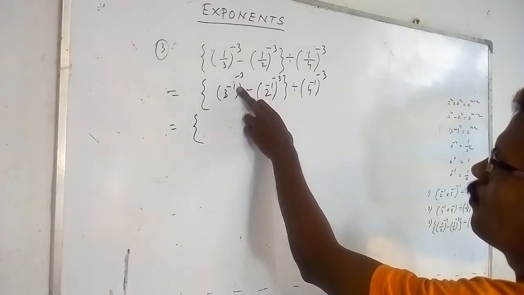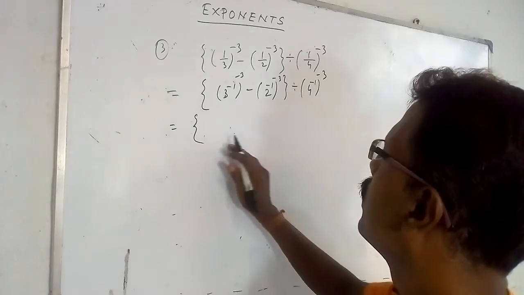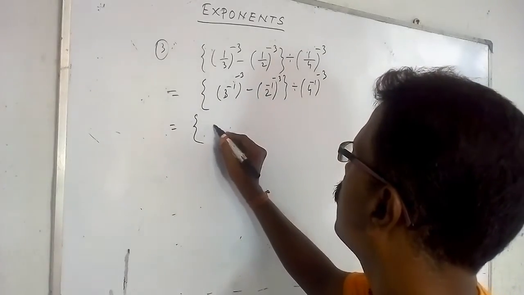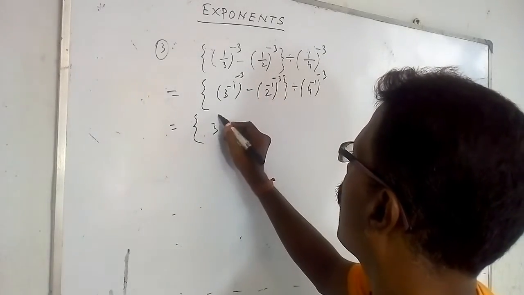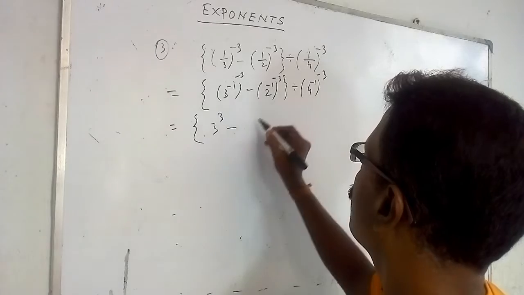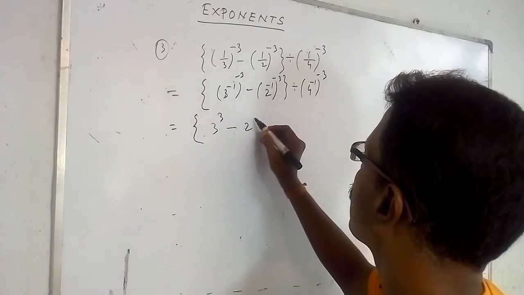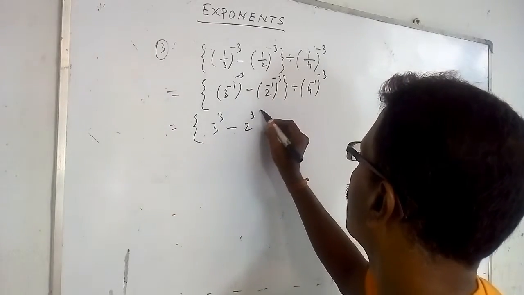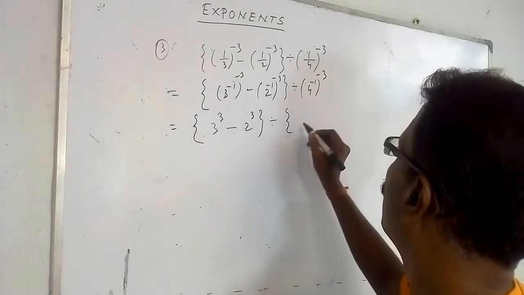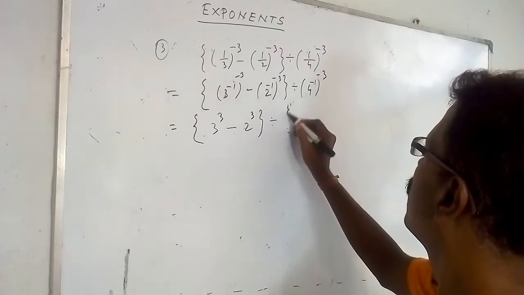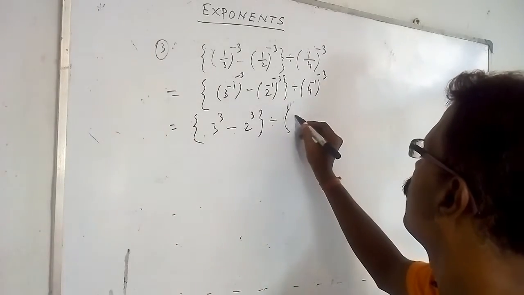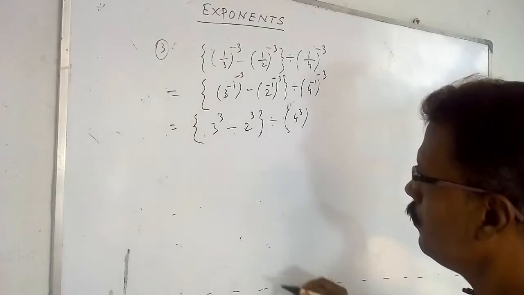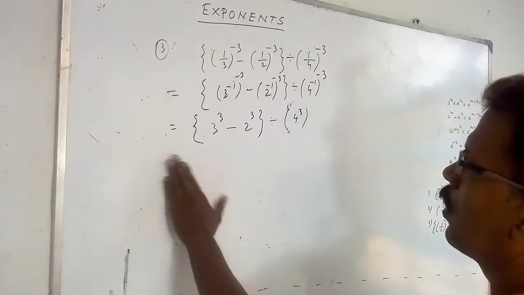Next step, now the product of minus 1 and minus 3 will be taken. 3 to the power minus 1 into minus 3, that is 3 to the power plus 3, minus 2 to the power minus 1 into minus 3, that is again plus 3, divided by 4 to the power minus 1 into minus 3, that is 4 to the power 3. So 3 to the power 3, what is the value?